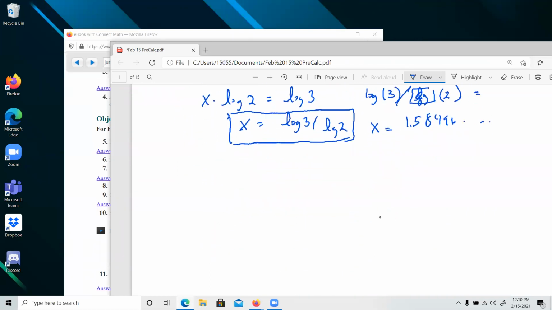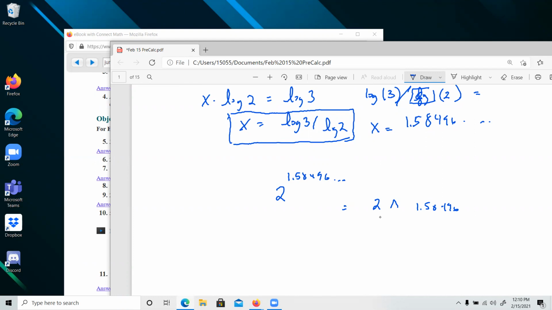But if I type in 2 to the 1.58496, and if I had more time, we could type in what that is. So we're going to say 2, caret, and then type in this number. What's funny is maybe type in 1.6 at first and see what you get.